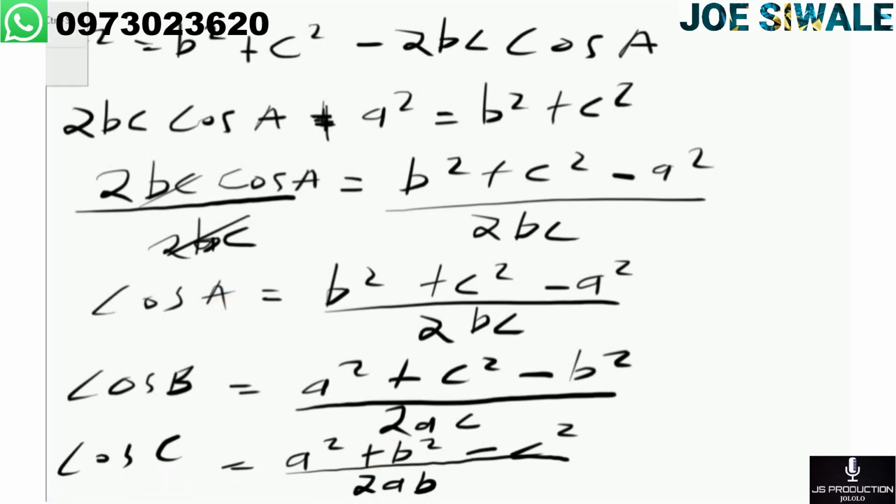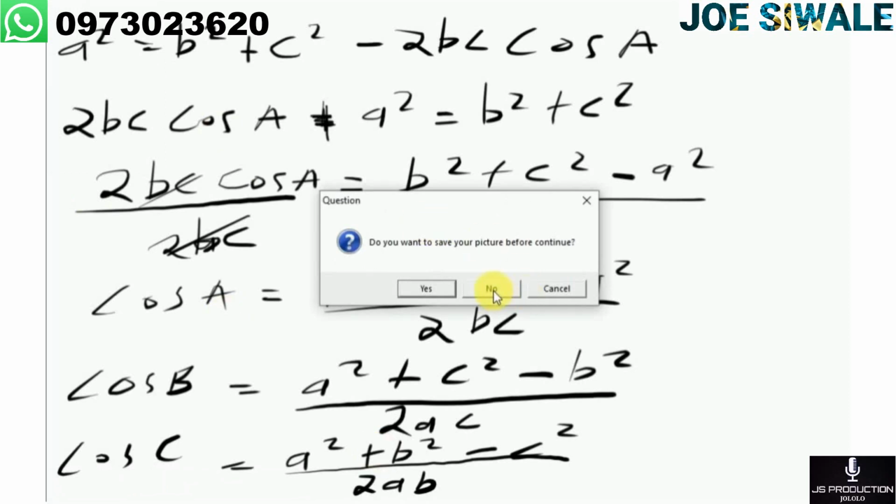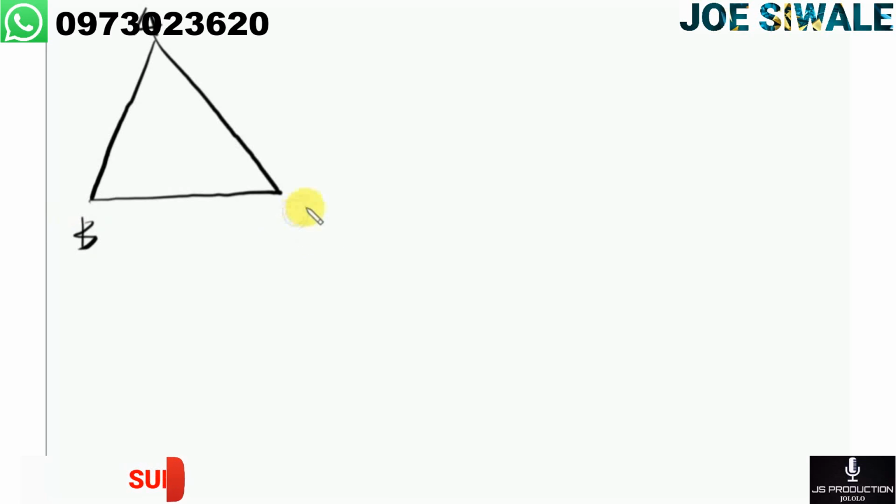And the next thing that we're going to look at is an example that we can find using these formulas. For this example, I have the triangle in this form, and this is triangle ABC.